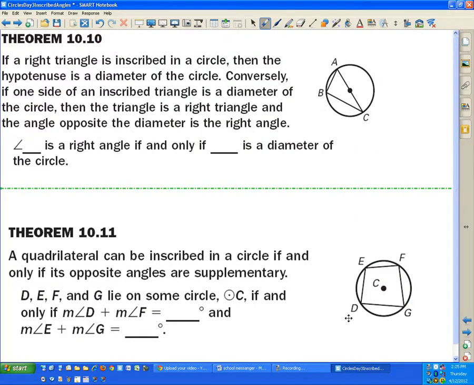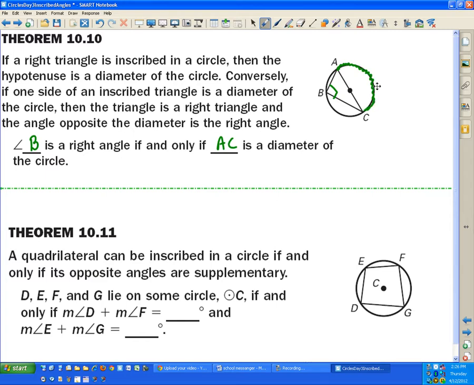In this one, if we have a right triangle inscribed in a circle, then the hypotenuse is the diameter of the circle. So we have this right triangle where B is the right angle. So angle B is a right angle if and only if AC is the diameter of the circle. Now, why is that 90 degrees? Well, it's still an inscribed angle, because the intercepted arc is this arc A to C, which is a semicircle.